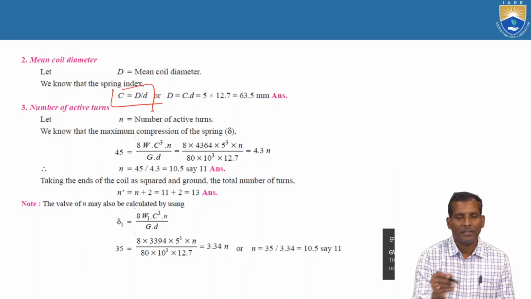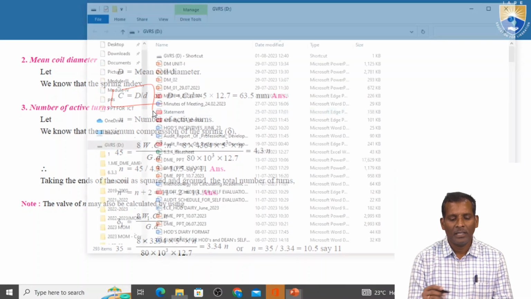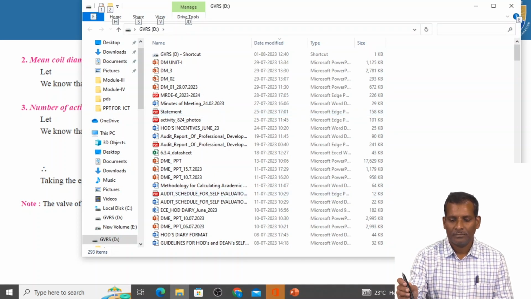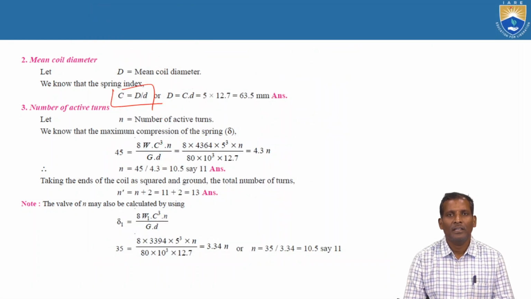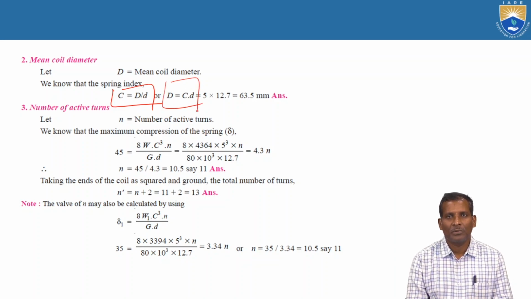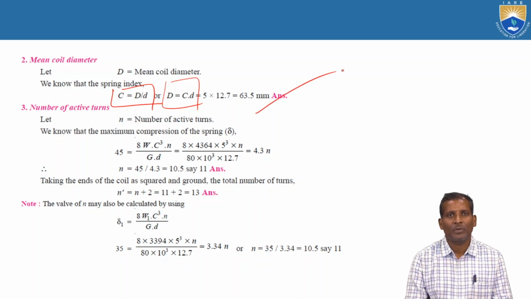So by using this relation, you may calculate the mean coil diameter. So the mean coil diameter is C into d, so 63.5 mm.